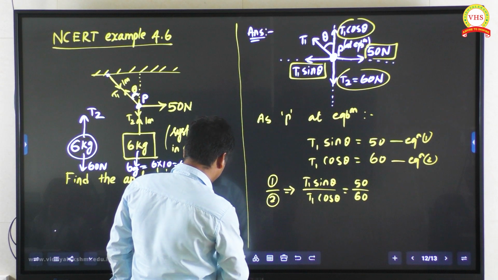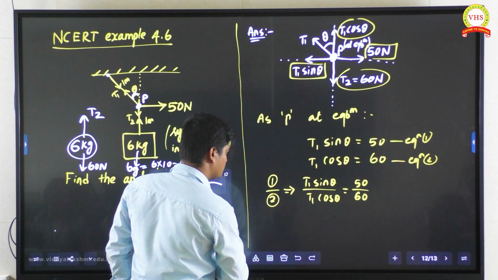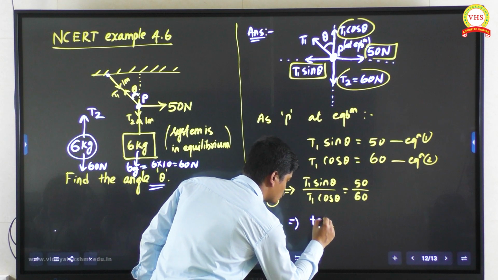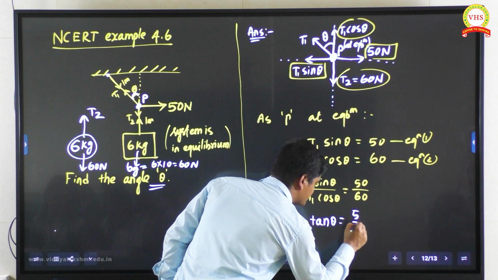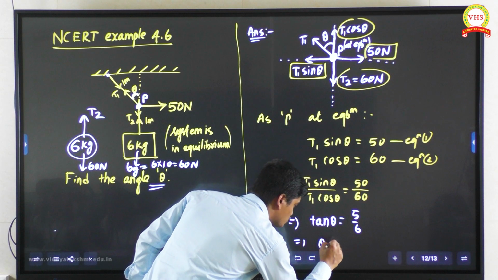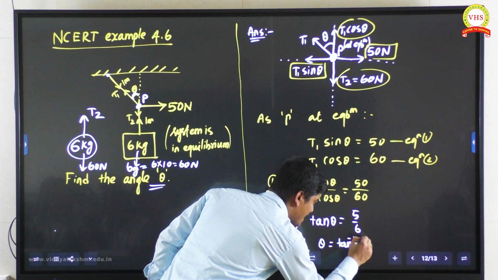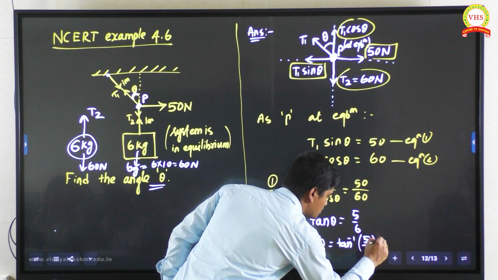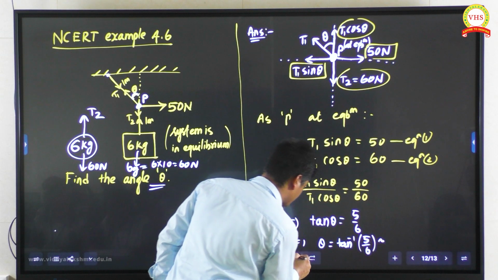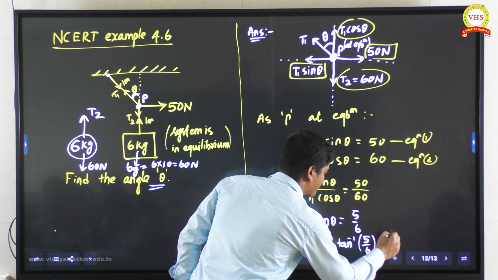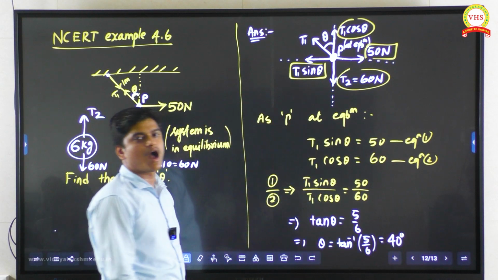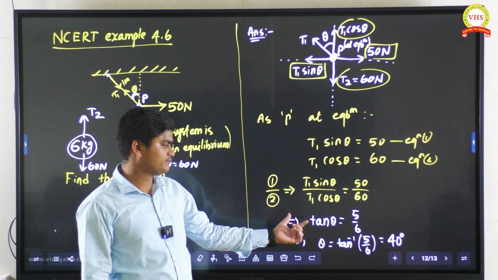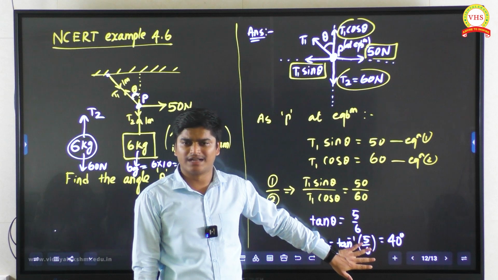So what will we get at last? Tan theta equal to 5 by 6. I need to find theta. So theta equals tan inverse 5 by 6. What is tan inverse 5 by 6? You will calculate, this is approximately 40 degrees. How many degrees? 40. Or you can keep theta equal to tan inverse 5 by 6. No worries.